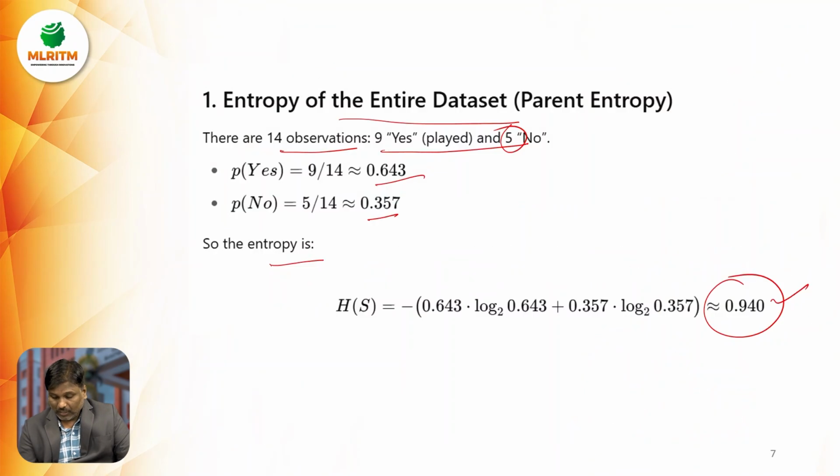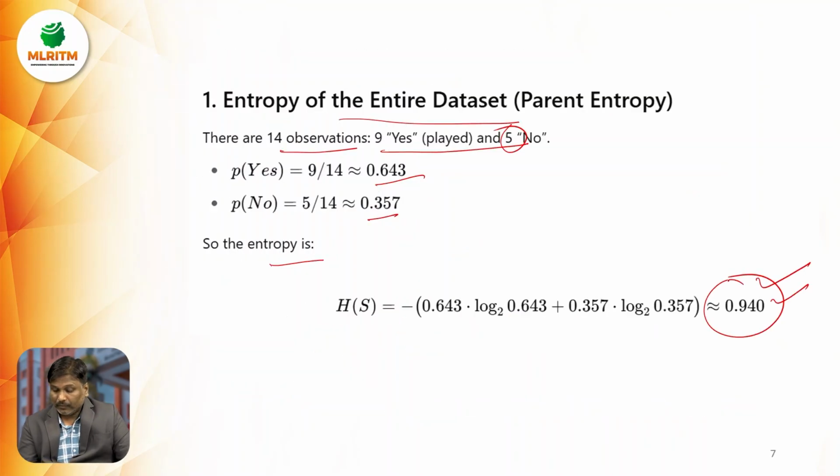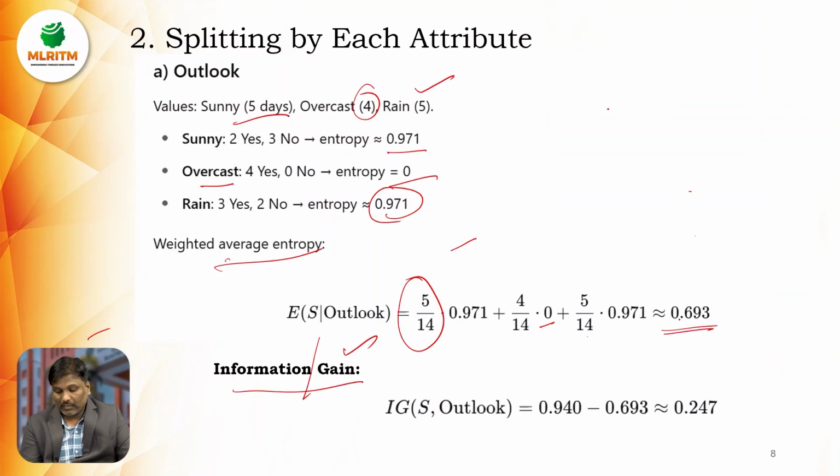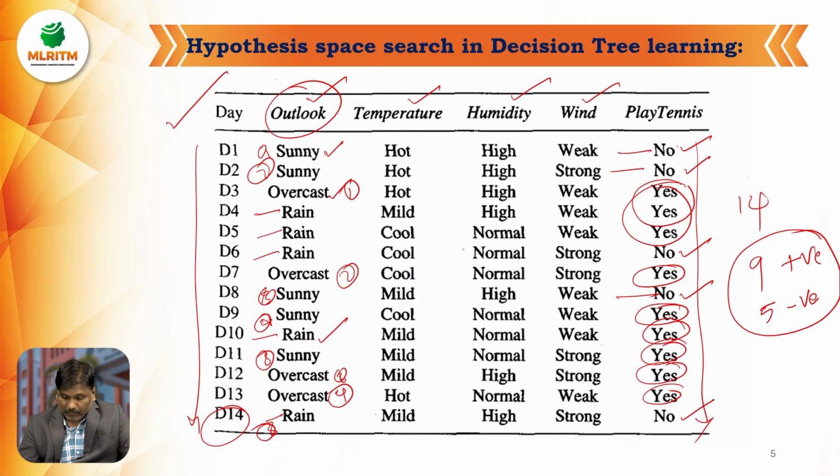So information gain equals the net data set entropy, 0.940, minus the average entropy, 0.693. Finally we got the gain for outlook as 0.247. Similarly, we find the gain for the second attribute, humidity. Now coming to the humidity condition in the data set.